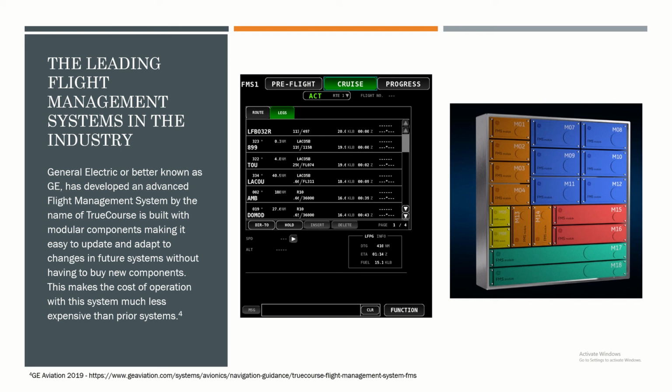So they're all little, not exchangeable, but updatable module components that are able to be pulled out, updated, and reinserted without having to buy new hardware, which makes this a lot cheaper for airlines. And the cost of the operation with this system is much less expensive than prior systems, so it's saving airlines more money, which is something we all know they want.